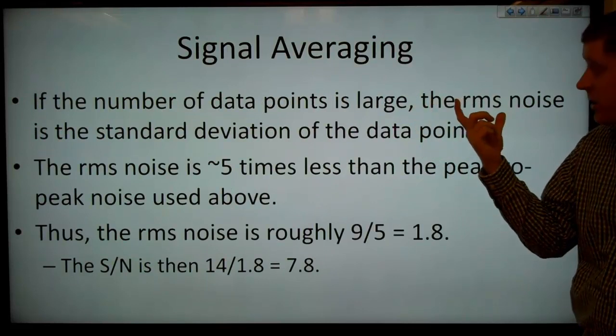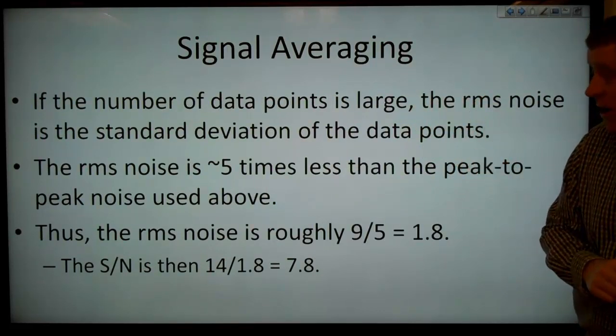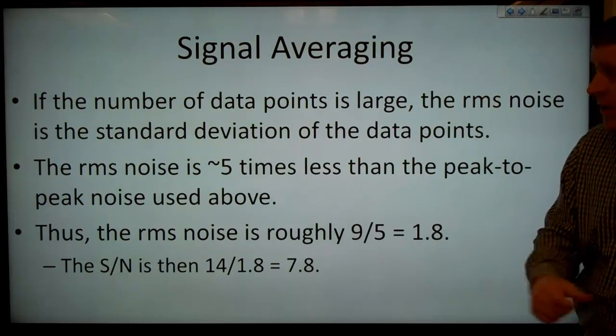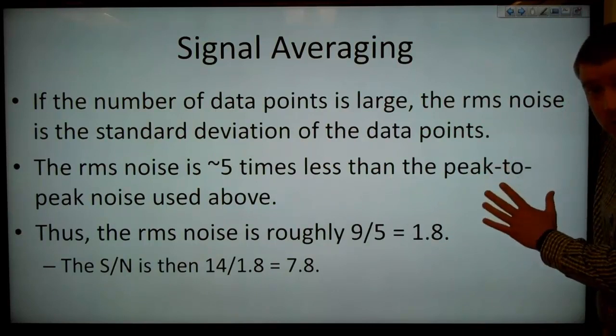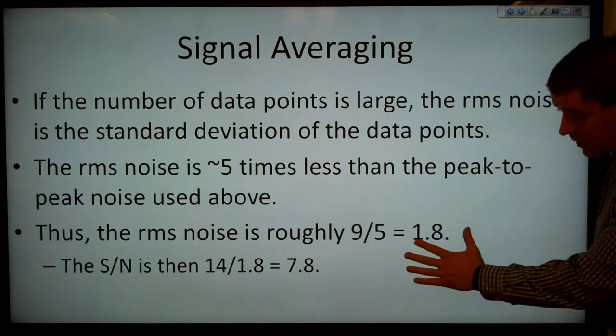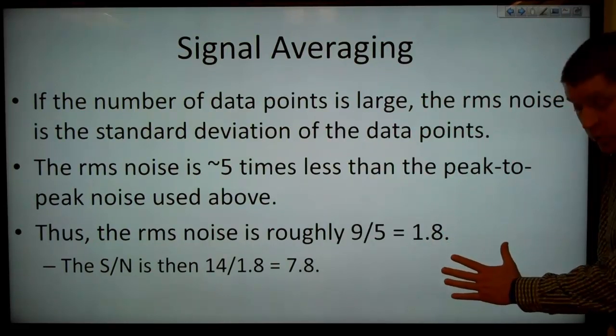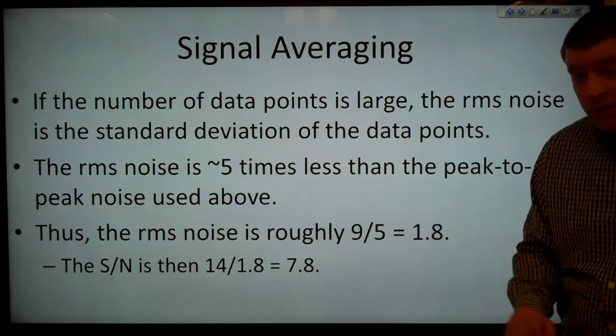If the number of data points is large, then the RMS noise is the standard deviation of the data points. The RMS noise is about 5 times less than the peak-to-peak noise that we used earlier. And that means that the RMS noise is roughly 9 divided by 5, which is 1.8. And our signal-to-noise ratio is then about 7.8.